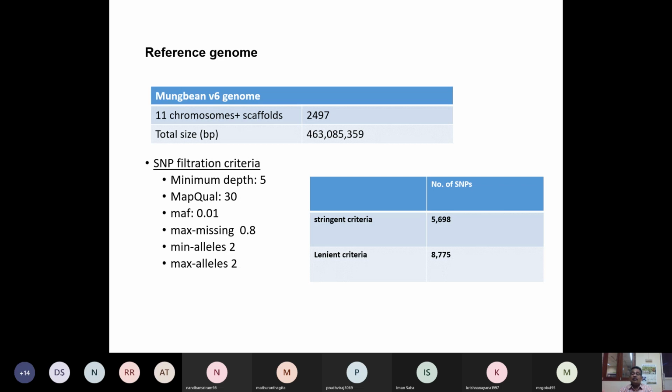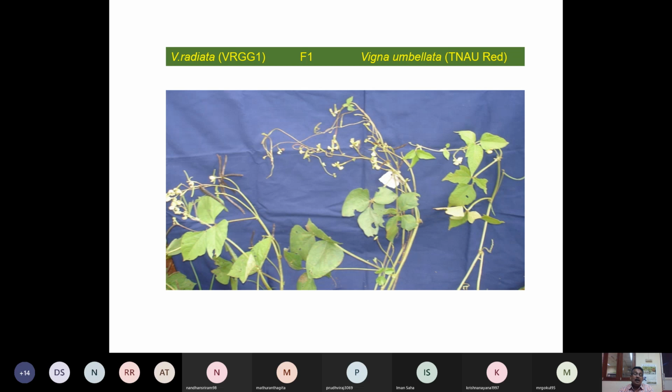For example, parent 1 has one allele and parent 2 a different allele, so two alleles, either A or T, and this is normally a SNP. But you may also get heterozygotes, as some regions are still heterozygous, and you will always get a heterozygous allele there. So you have to see how many alleles are present, what percentage of data is missing, and what the depth coverage is. You have to check everything when you check the quality of the data in the GBS data set.